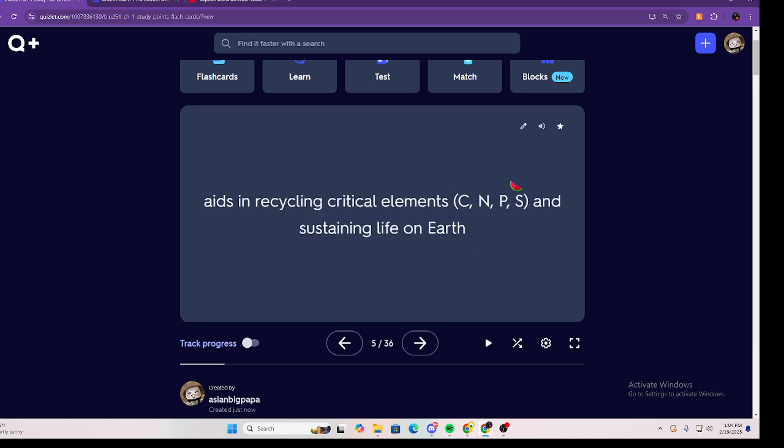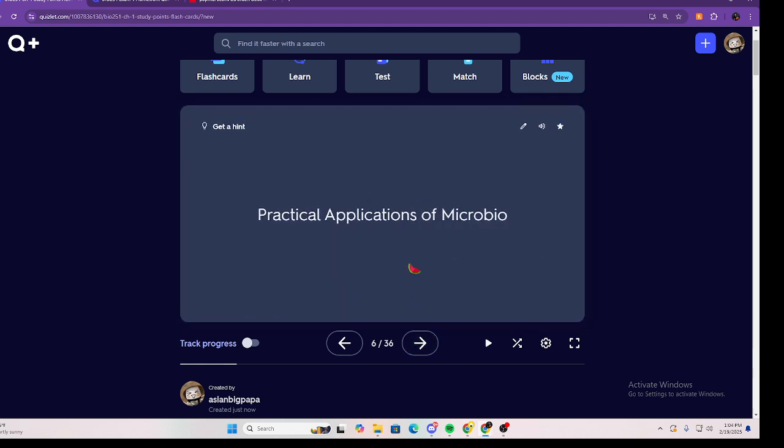It aids in recycling critical elements: carbon, nitrogen, phosphorus, sulfur, and basically sustains life on Earth through different microbiotas. For example, there's a lot of microbes in your stomach that maintain the functions in your stomach. There's microbes in the soil that basically sustain life on Earth, etc.